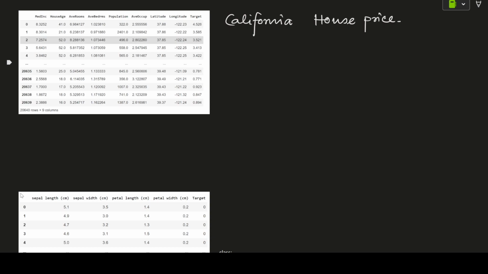Here we have a target variable, and also let's consider this image, which is the Iris dataset.